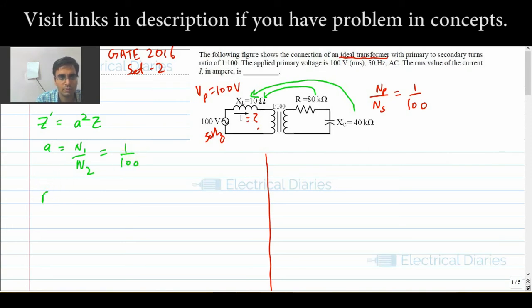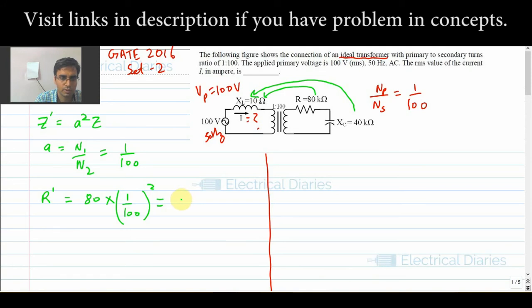So your R dash will be 80 kilo ohms into 1 by 100 whole square. Let me calculate: 1 by 100 whole square into 80 into 10 to the power 3.